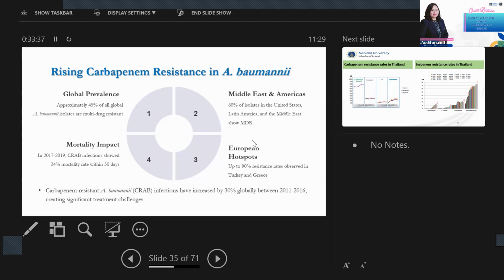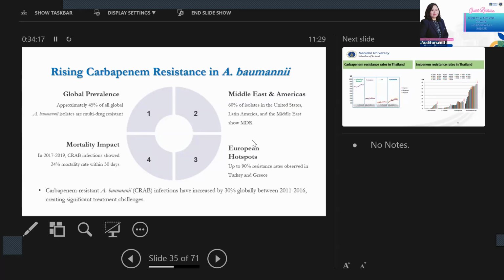For example, if you look at the global prevalence of AMR that becomes MDR, I would say it's about 40% globally. But if you look at the Middle East and America, it's about 60% MDR. And in Europe, of course, some countries, for example Turkey and Greece, have more than 90%.